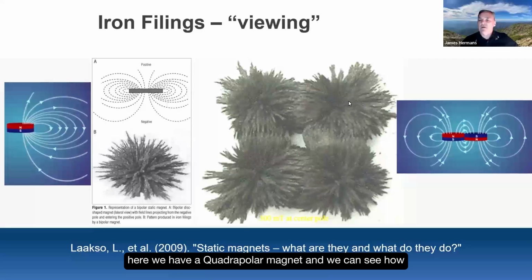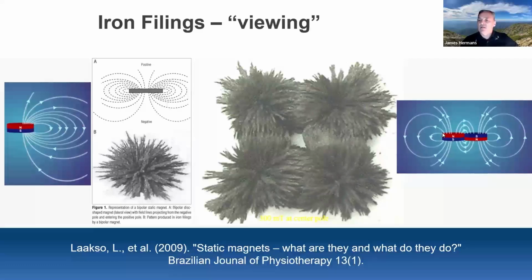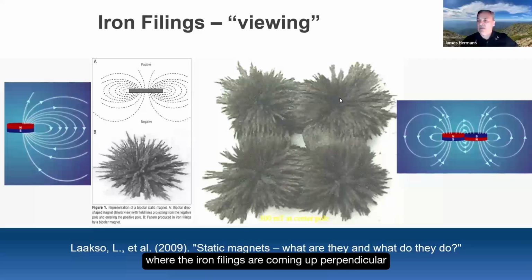Here we have a quadrupolar magnet. On the outside it looks like a normal bipolar magnet, where the iron filings come up perpendicular, but where the opposing poles meet, the iron filings run flat.